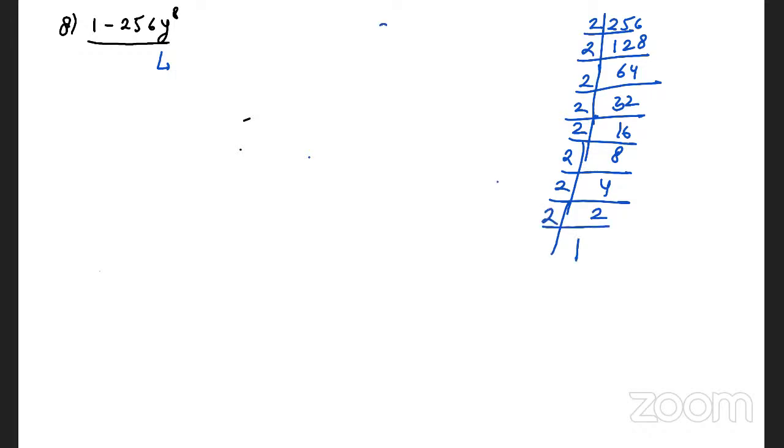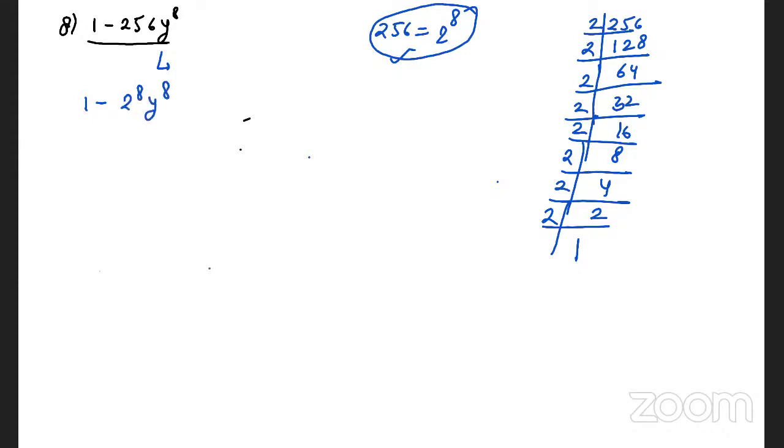So 256 can be written as 2 to the power of 8. Simple as that.